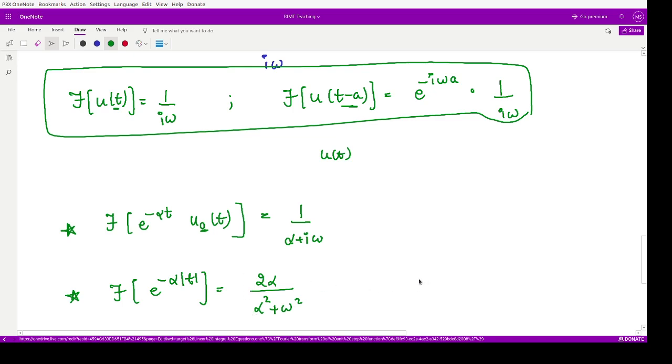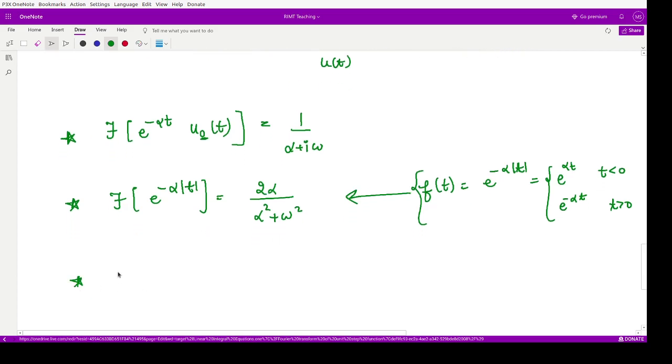So what this function is, if your function is defined like this, e to the power minus alpha modulus t, you could break this: whenever your t is less than 0, the value of mod t is negative, so we would have e to the power alpha t, and whenever t is greater than 0, this modulus is positive, so you have e to the power minus alpha t. So this function is defined like this. For this function, you have the Fourier transform as 2 alpha divided by alpha square plus omega square.